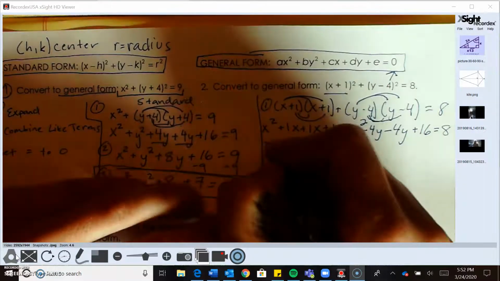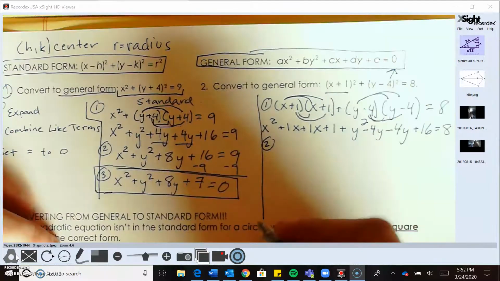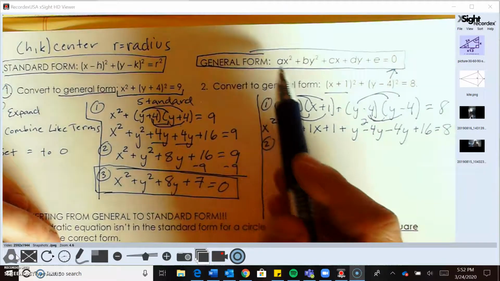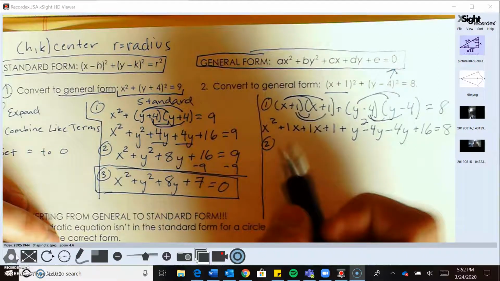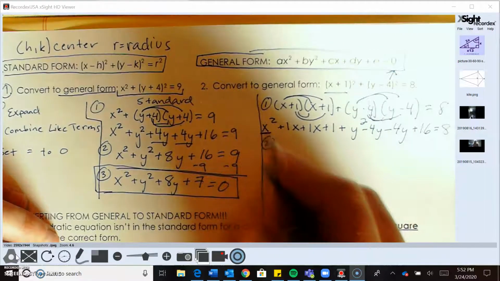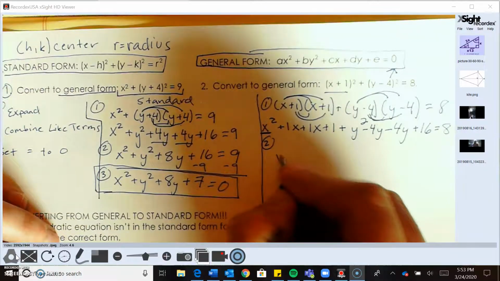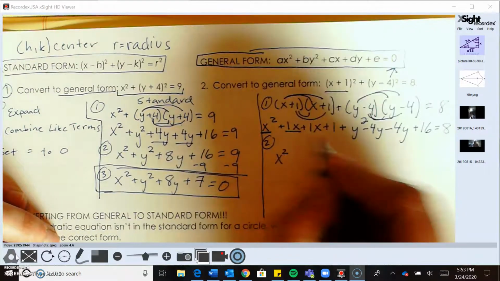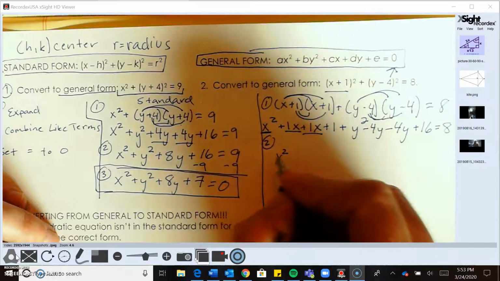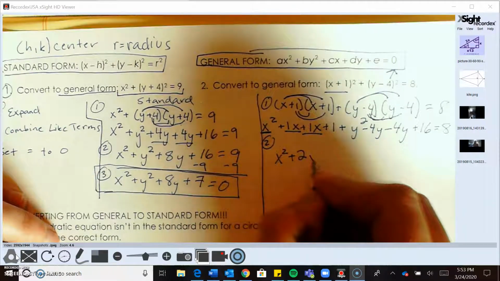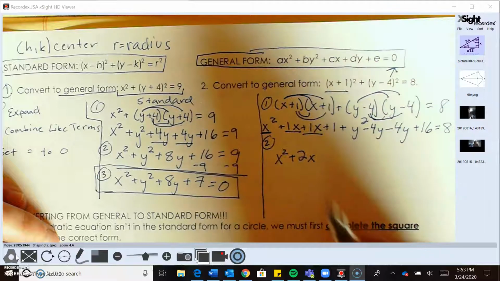Step 2 tells me to combine my like terms, and I want to keep in mind the descending order I want over here. So, x squared. Nothing here can combine with x squared, so I'm just going to bring it down. 1x plus a 1x is going to give me 2x, plus 2x. And I'm just going to go down the line.